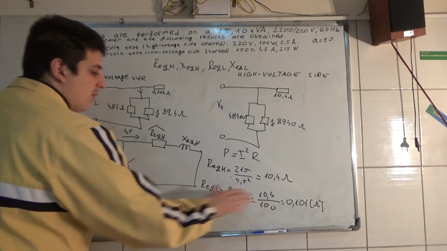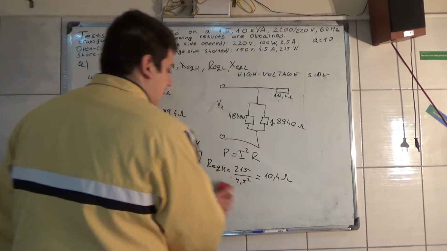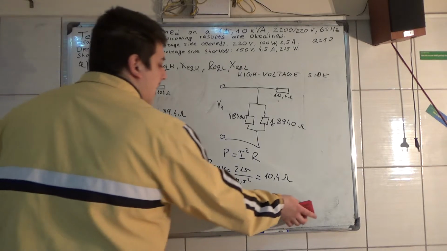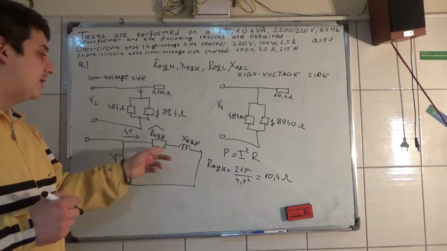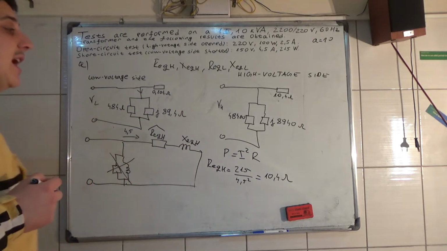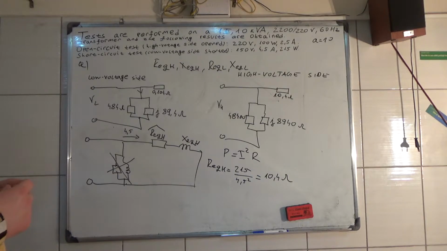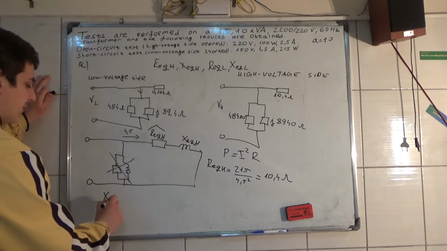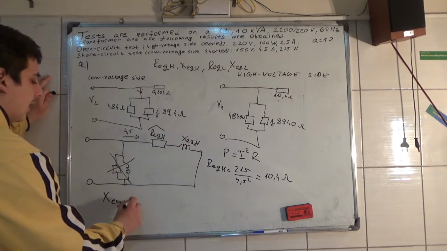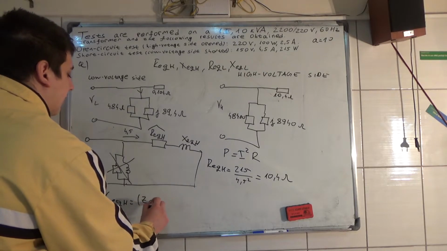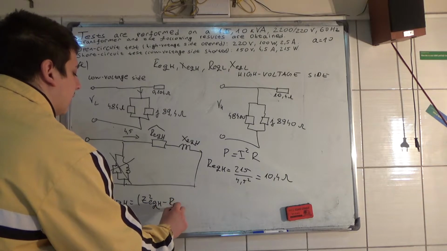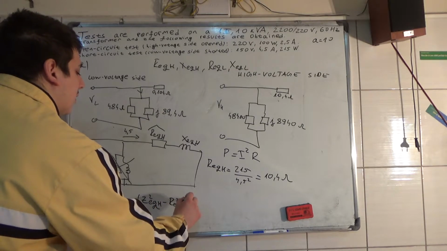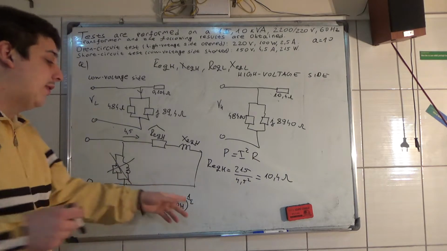I'm gonna remove this now, I don't need it. Okay, now we need to calculate the equivalent reactance of the high voltage side, and that is equal to, by the Pythagoras theorem, Z equivalent high squared minus R equivalent high squared, all to the one half.